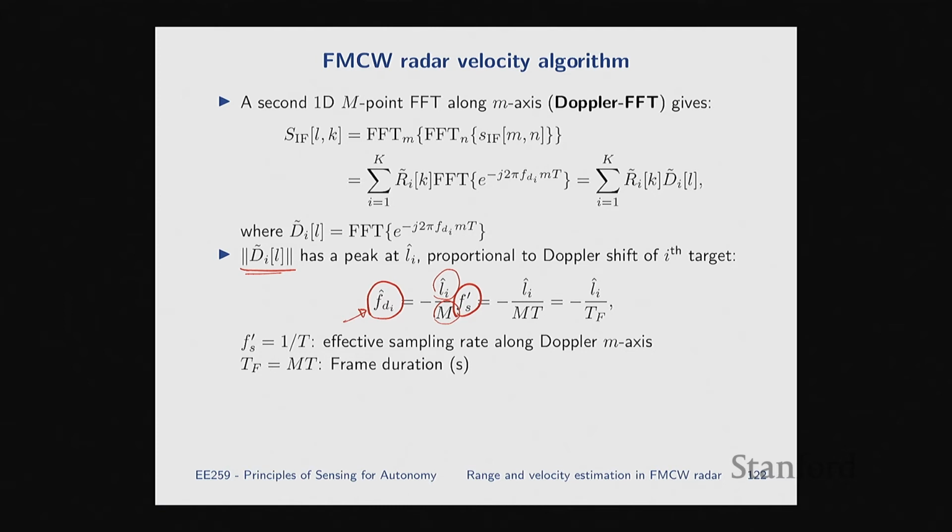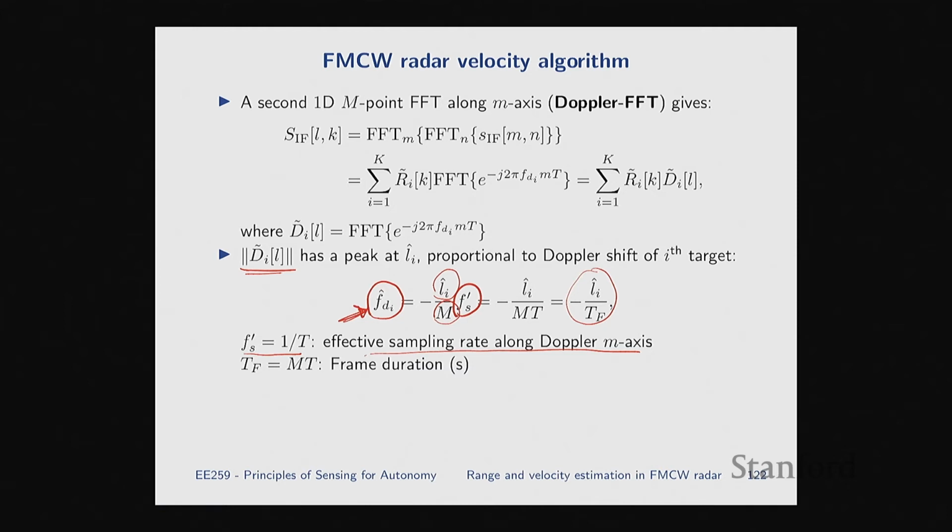And along the Doppler axis, we said we are in slow time, so we're sampling at a 1 over T rate. So f prime s, which is 1 over T, is the effective sampling rate along the Doppler axis. And it basically becomes minus L hat I over M T f. So that's the estimate of the Doppler shift of the ith target.